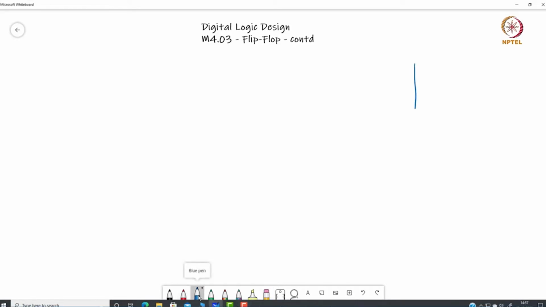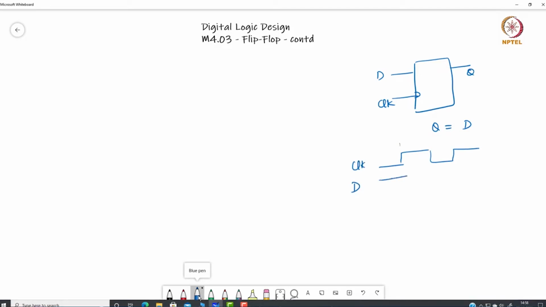In case of D flip-flop, the output will change as whatever is the input at the positive edge. So let's say this is my clock, and this is the positive edge, and D value is 1 here.